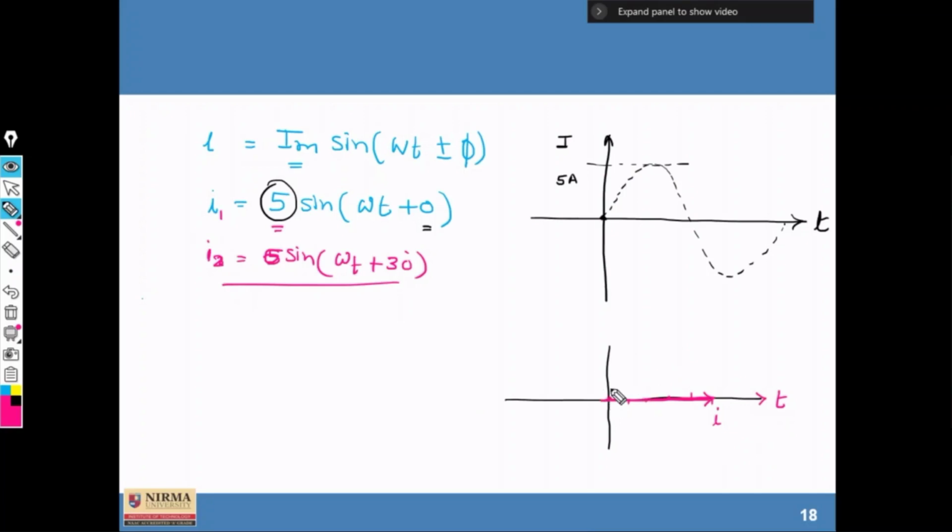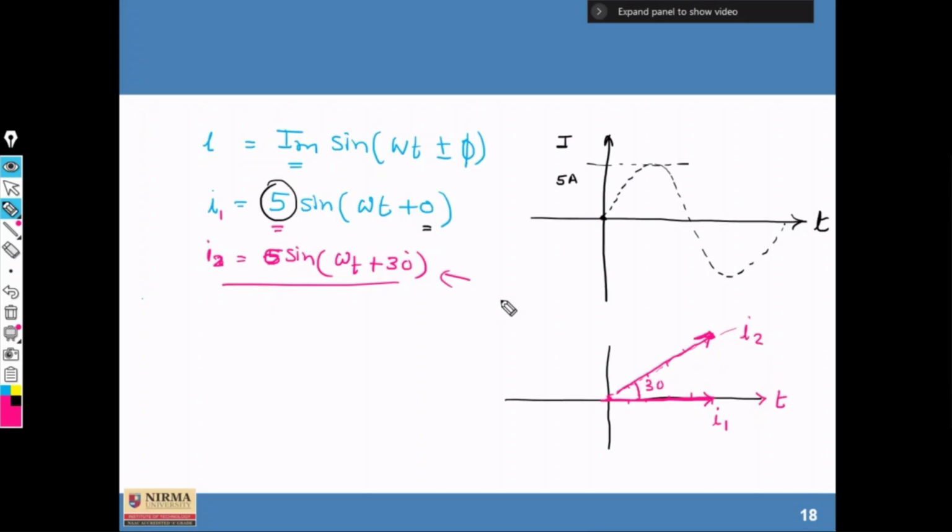Here it makes an angle 30, and this is the vector called I2. This is I1. Now what are the divisions? 6 divisions: 1, 2, 3, 4, 5 and 6. So this is your current I2. We can represent current I2 in this fashion also, and the equation here is 6 sine omega t plus 30 degree.